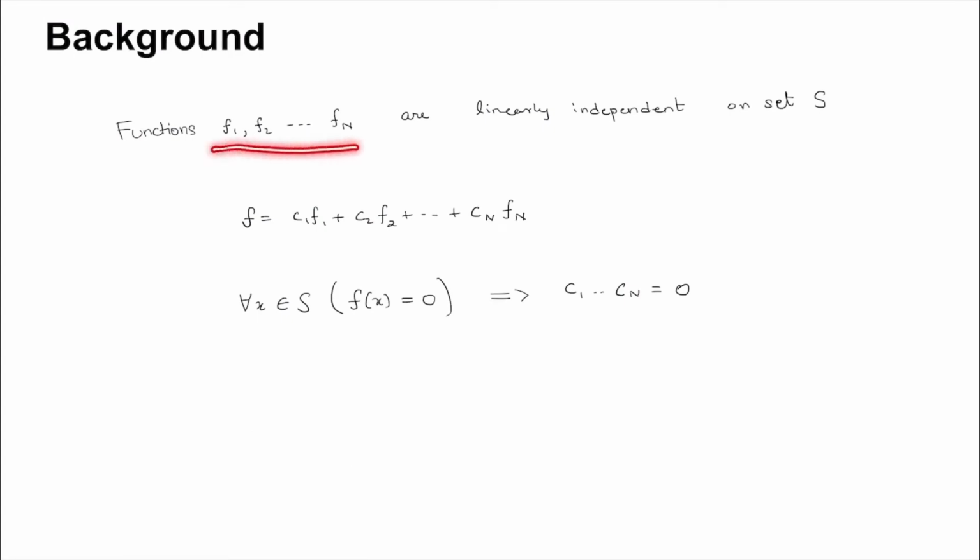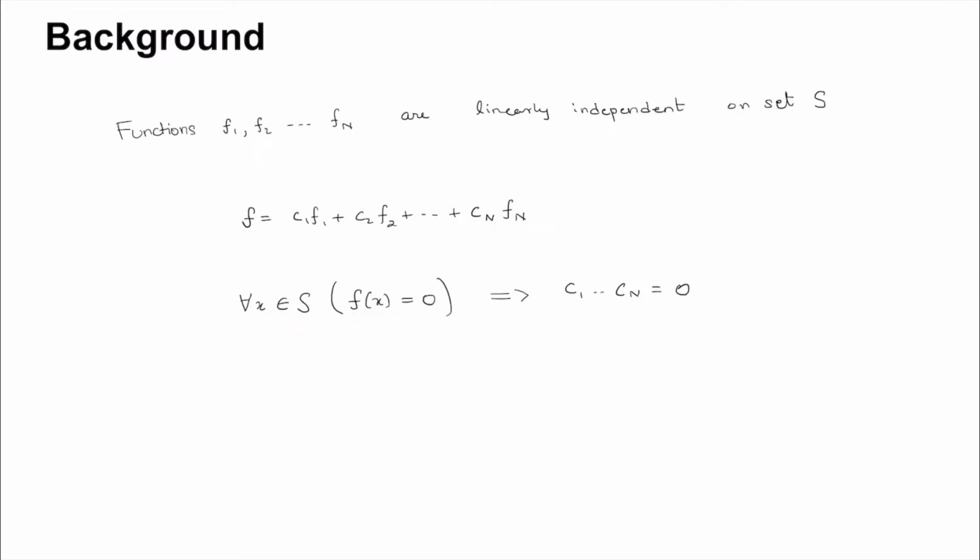Functions f1 to fn, which are functions of a single variable, are linearly independent on a set S if you form a weighted summation of these functions, let's say you get this function f, and that function is 0 on the set S, that is, for all x in S, f of x is equal to 0.